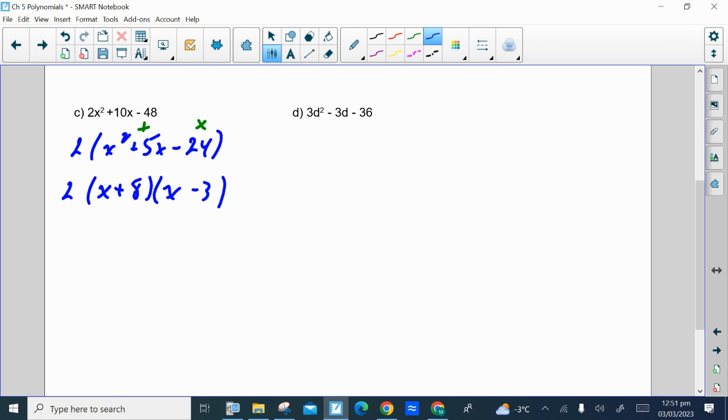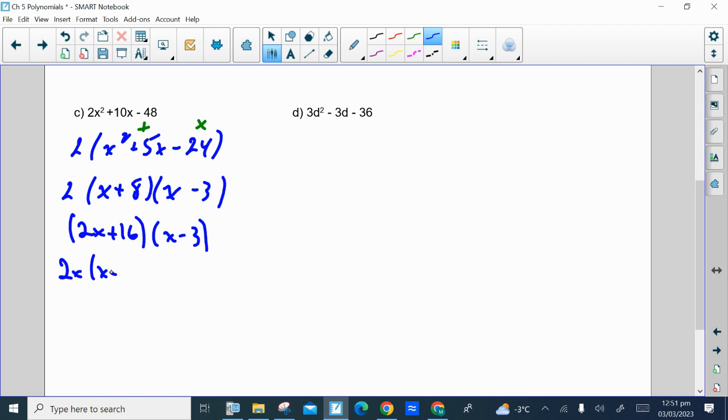And if they are, that means if we multiply this out, we'll get what we started with. Because there are 3 factors here, we'll work our way left to right by first multiplying the 2 by the x plus 8. That'll give us 2x plus 16, which is then multiplied by the x minus 3. So I multiply both the x and the 8 in that first bracket by the 2 in front. That's where the 2x plus 16 came from.